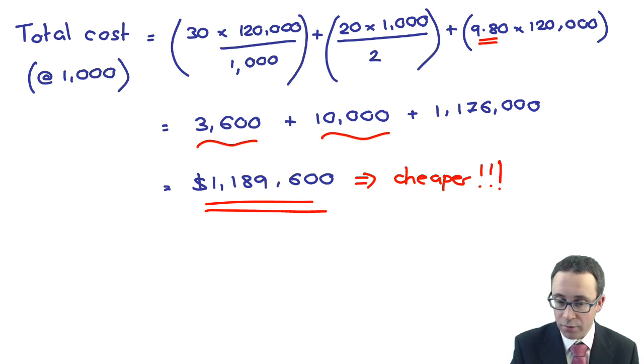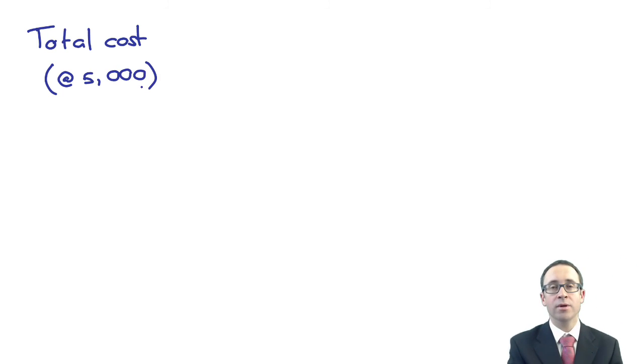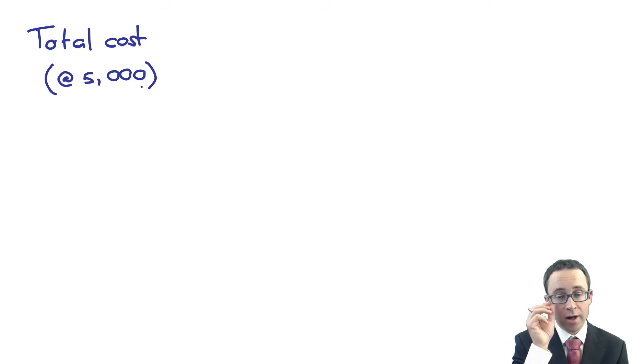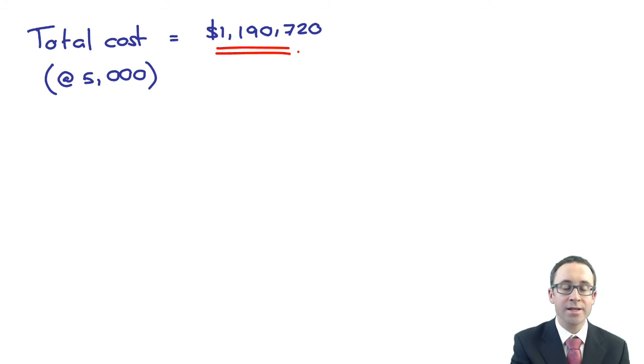Now, to finish things off and give you a little bit of practice, I'd like you to look at your total cost at 5,000 units. Have a go, work it through. What you should find is that you end up with 1,190,720.